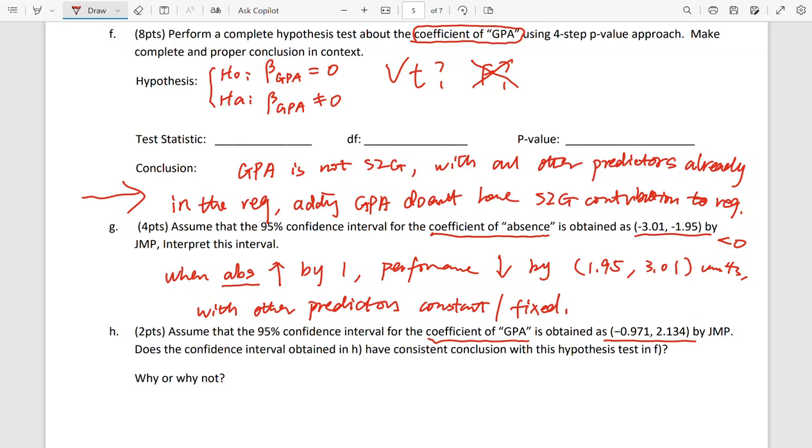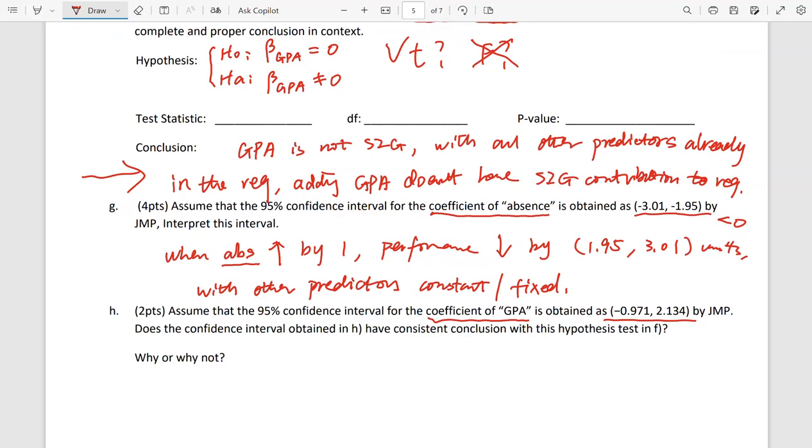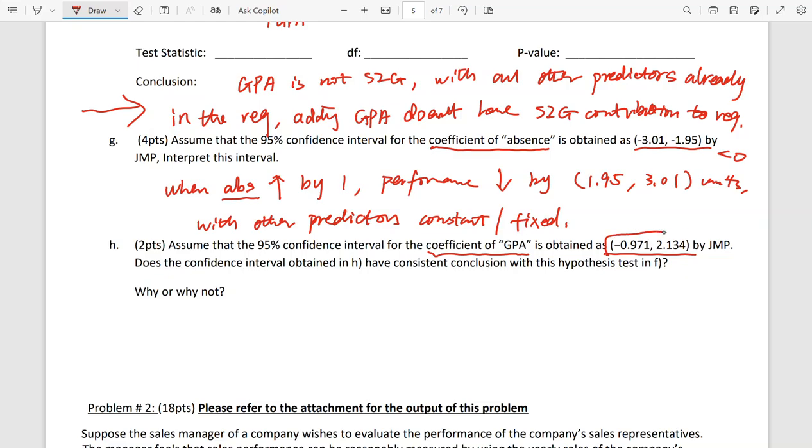With other predictors already in the regression, adding GPA doesn't have a significant contribution to the regression. And from the confidence interval, you can see that it goes from negative to positive, so 0 is inside the confidence interval. That means sometimes GPA will decrease the performance, sometimes it will increase the performance. So is that consistent? Yes, right?